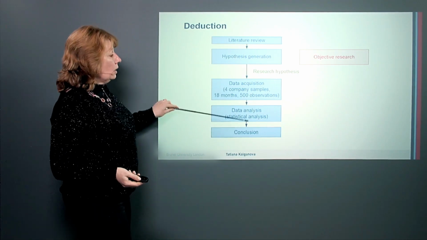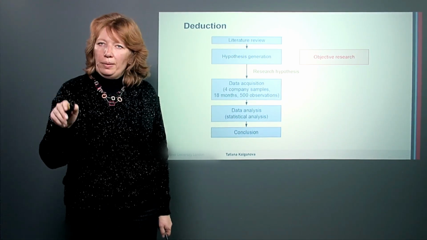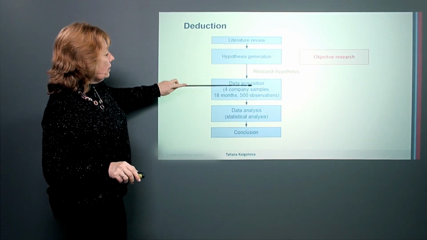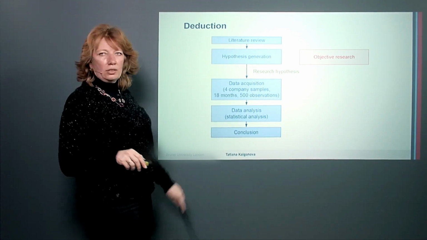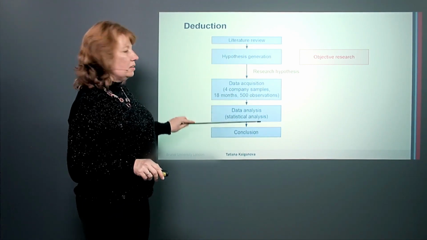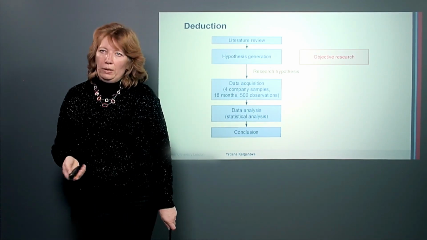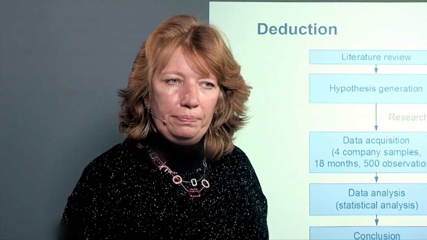Based on this, we can, for example, formulate that research is objective. But remember, whatever we formulate, we need to make sure that our data acquisition process answers our research question. Our data analysis is constructed in such a way that we are trying to answer this research question. Our conclusion must help us to answer this question.